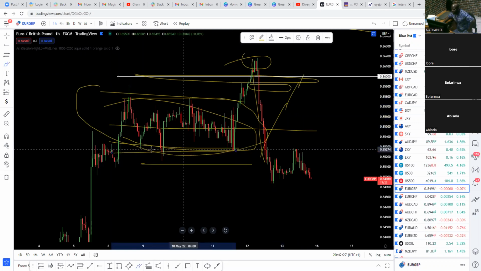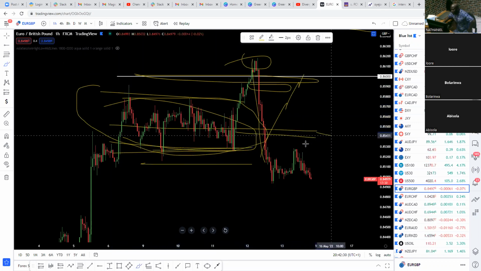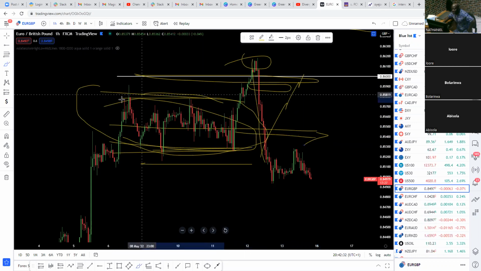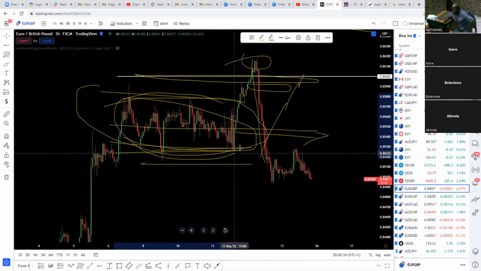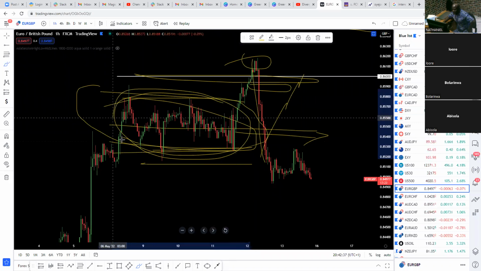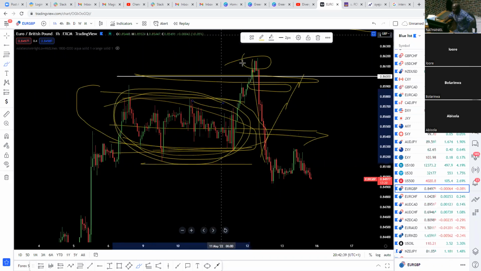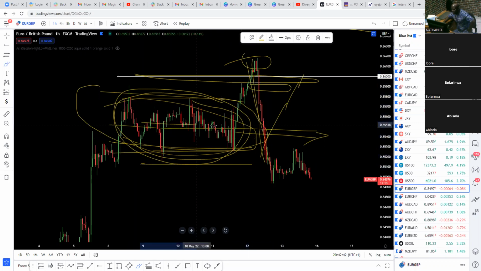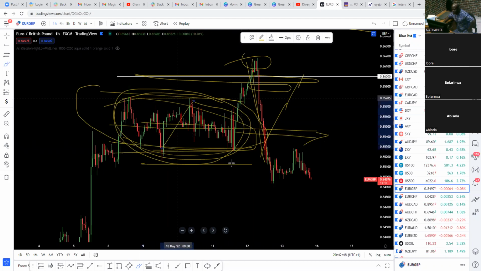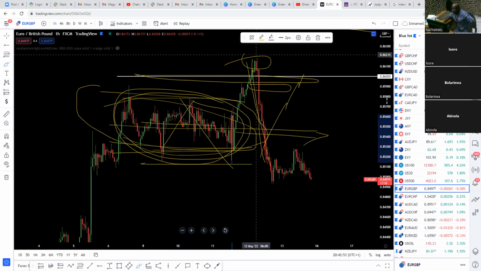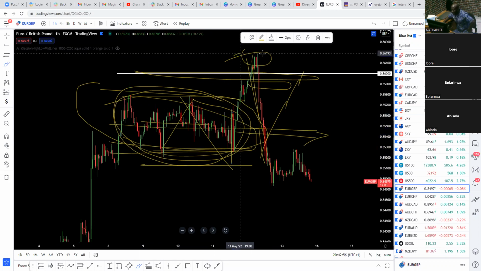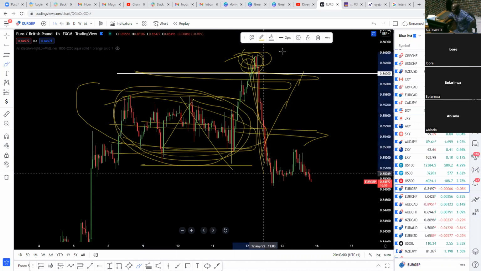It has to correct at this level or within this fair value because this was the price where both buyers and sellers were going up and down, up and down. This was the equilibrium price. When price gets to the equilibrium level, participants will remember the price where the market was going up and down with no decision. We are back there again. But in this case, the liquidity providers have already grabbed liquidity here, so they don't need to come back to this place.